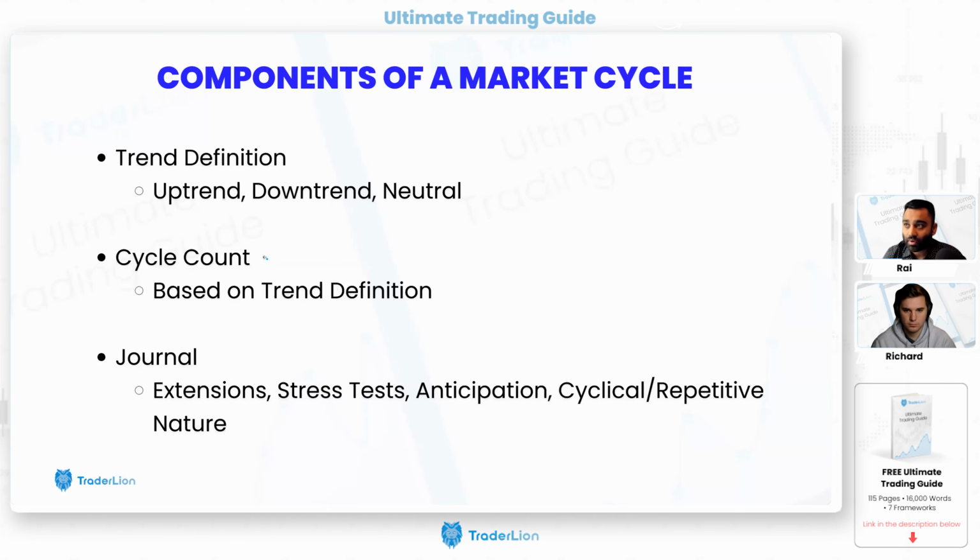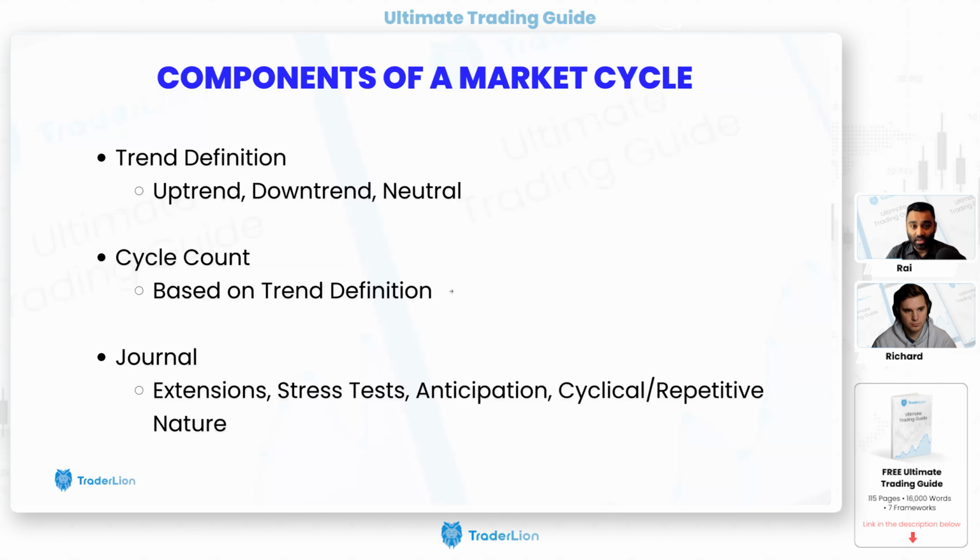The second component of a market cycle is the cycle count. What the cycle count does is it captures the repetitive nature of the market with respect to your time frame and the trend definition that you've set forth for yourself. So you'll see a cycle of 10 to 20 days to the upside, then a cycle of 10 to 20 days to the downside, and this is always based on your trend definition.